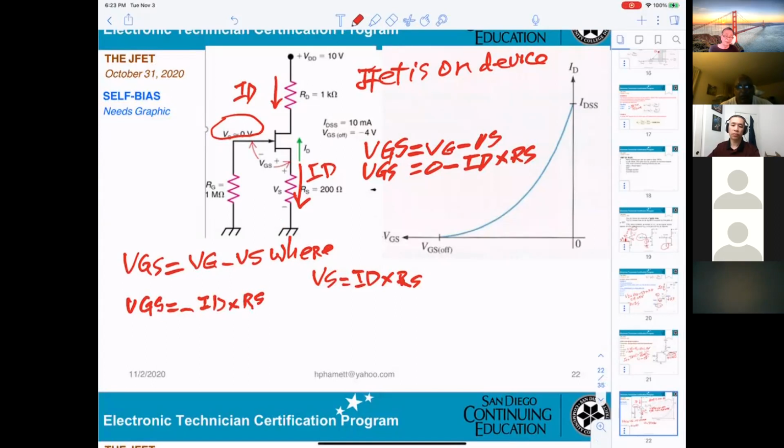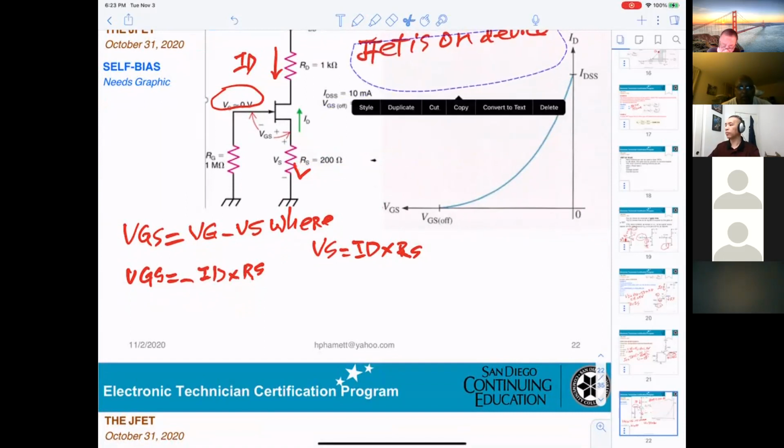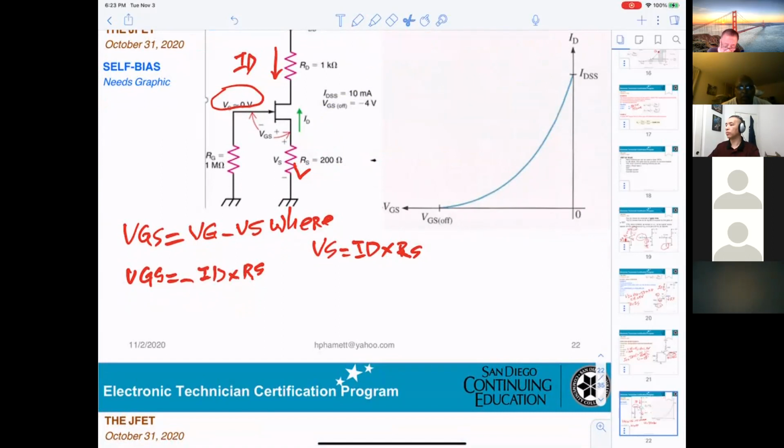To get up to the point VGS equals minus ID times RS, do you get to that point? Yes. Okay.